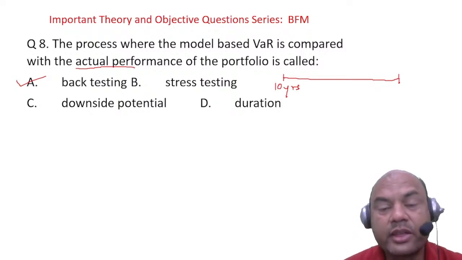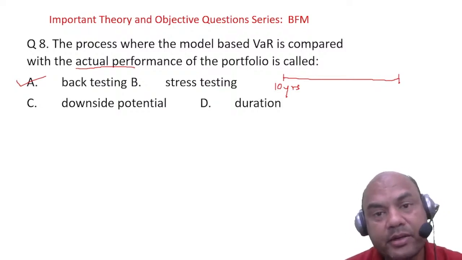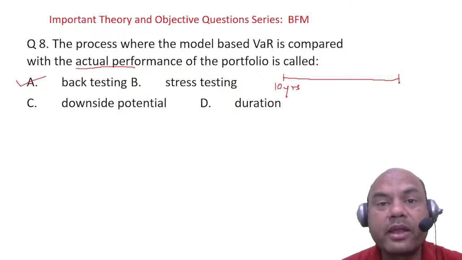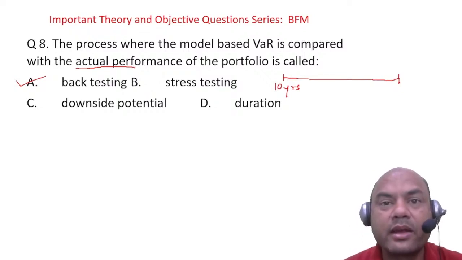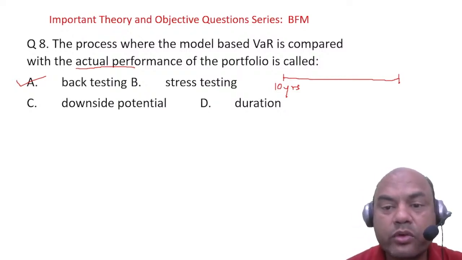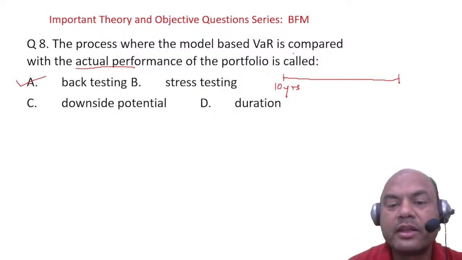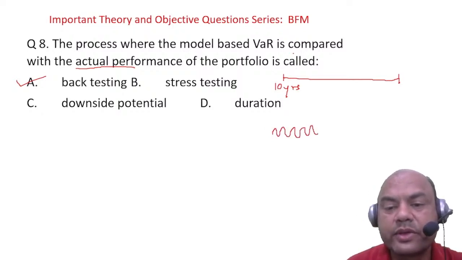Like COVID. COVID didn't happen in last 100 years, but then it happened. All the banks were comparing their portfolios for last 10 years before COVID. I'll give you a simple example. Last 10 years, the fluctuation in the markets was somewhere like this.